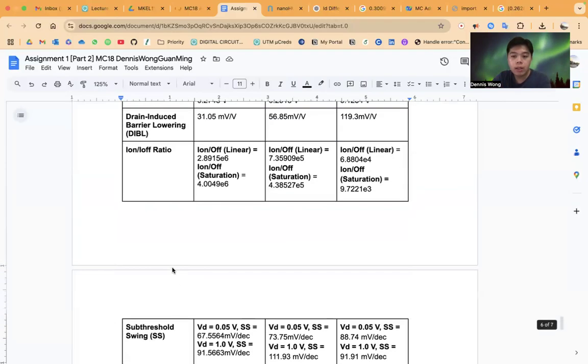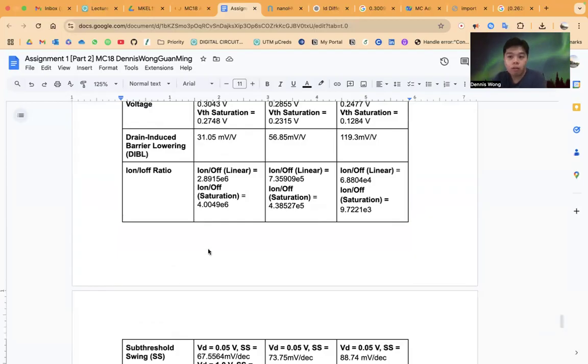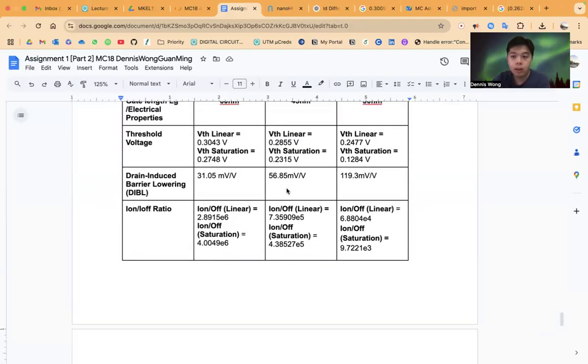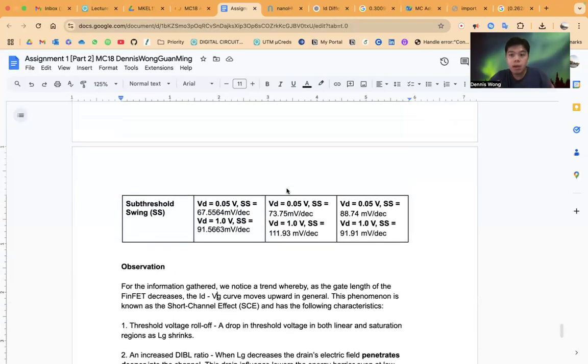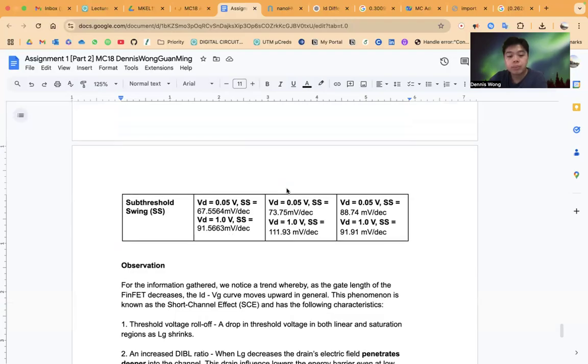So as a result, the on and off states are less defined. And the consequence of that is that the system might not be that robust. It might be more error prone, and it is not as accurate.